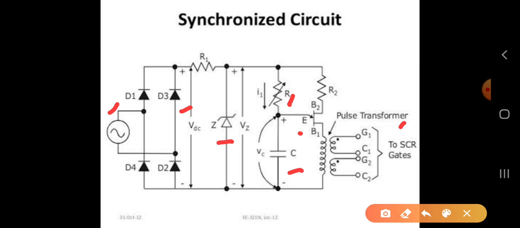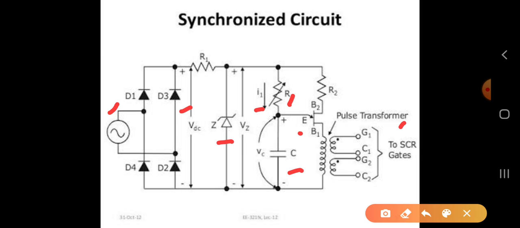The capacitor VC charges through the resistance R. Through R I pass a current I1, and this I1 makes the capacitor C charge.